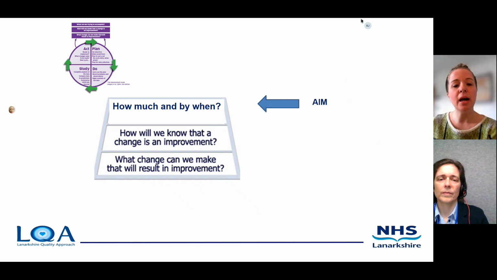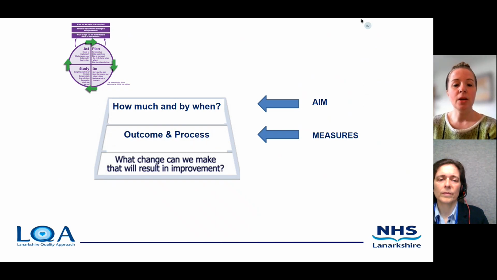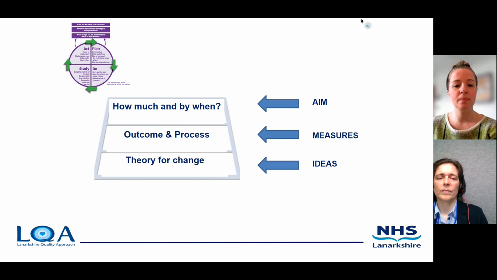The second question, how will we know that change is an improvement? This can be read as our measures section, and we want to know if the project is reaching its aim. The third question is, what changes can we make that will result in an improvement? You'll have ideas about changes that you can make that are going to lead to improvement, and this is your theory for change.